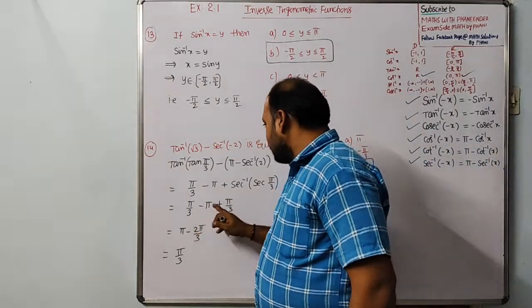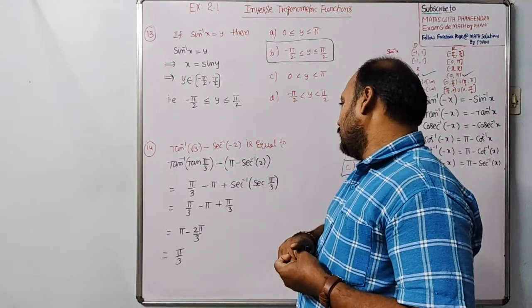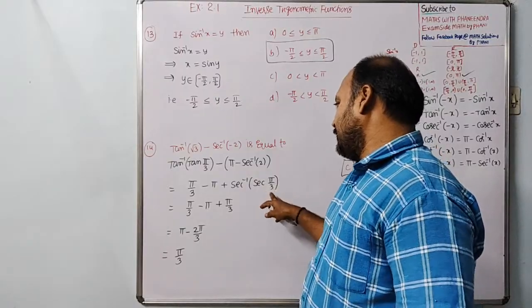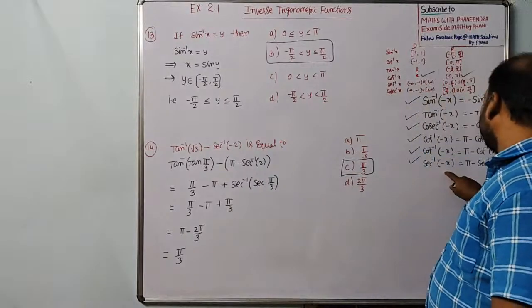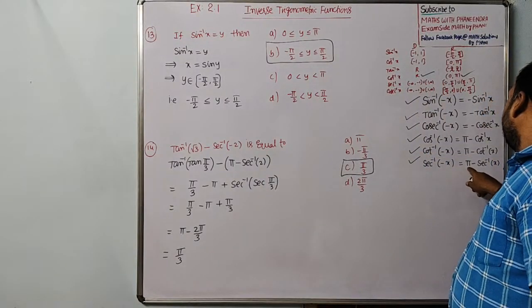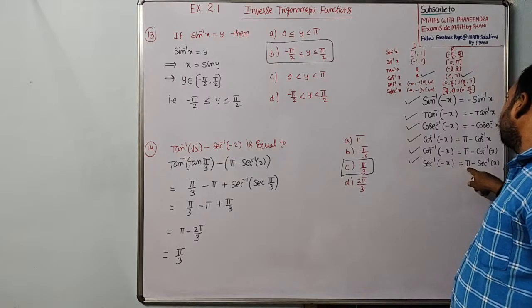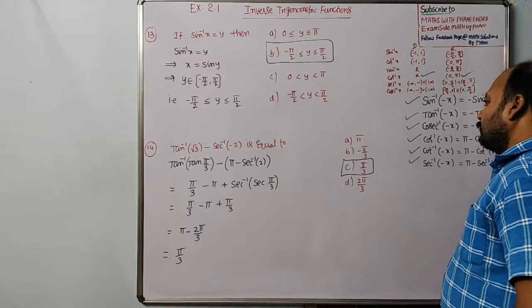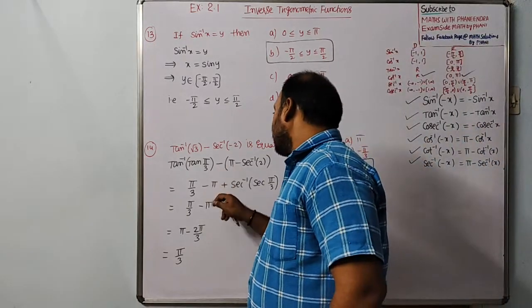Pi by 3 plus pi by 3. It is 60 degrees only, no? It is secant, the reciprocal of cos 60, no? Pi by 3 means 60. Pi minus even secant inverse also. So minus into minus, plus will come.